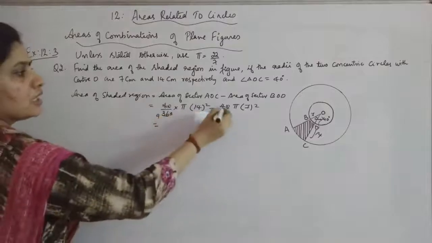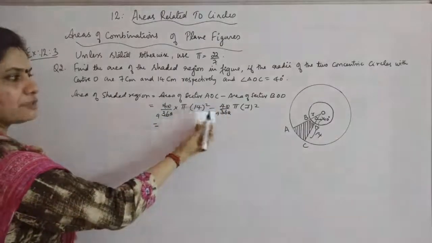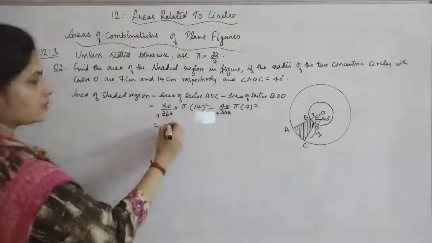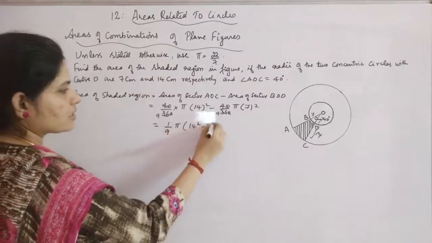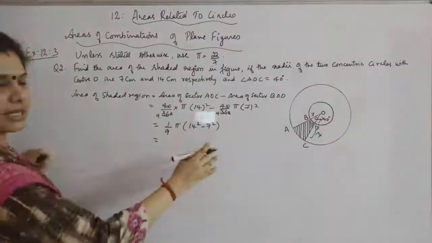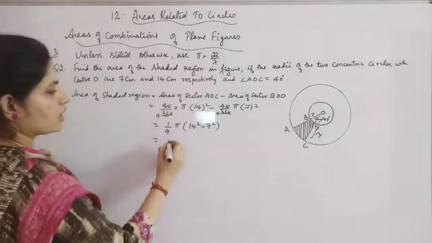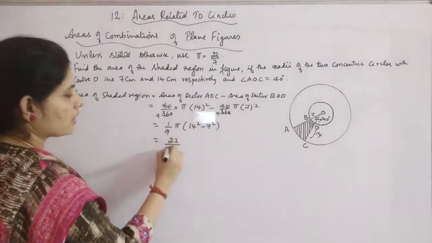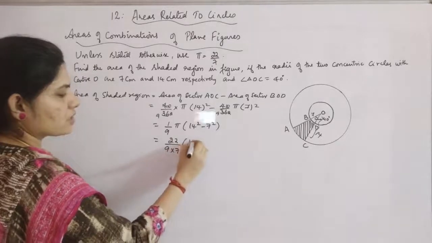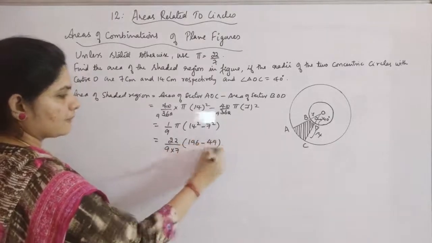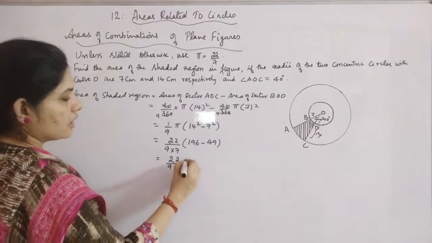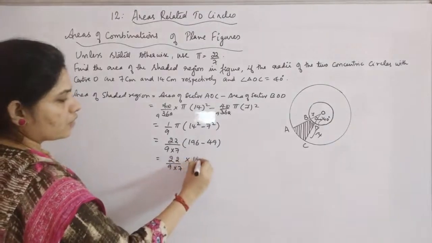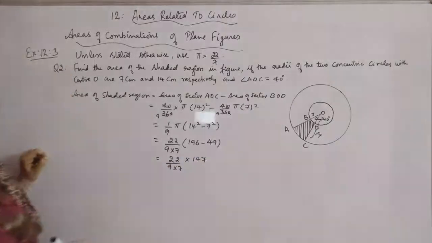Now this is again for both the things, you will have 9 in the denominator. That means you will get 1 by 9 and pi in common from both the things. That 1 by 9 pi into 14 square minus 7 square, right? For easy calculation, pi is 22 by 7, so you will get 22 by 9 into 7 into 14 square is 196 minus 49, which is equal to 22 by 9 into 7 into 147, right?